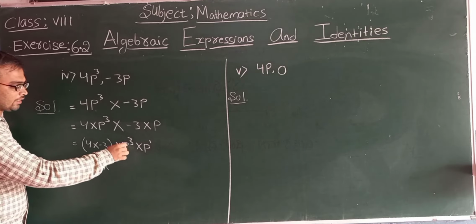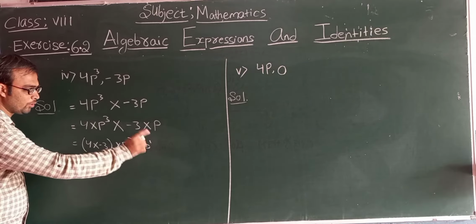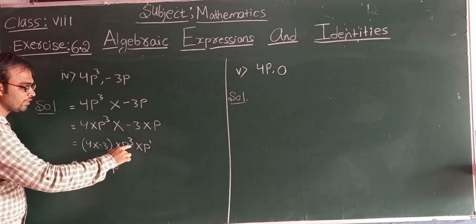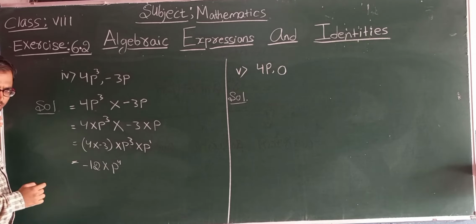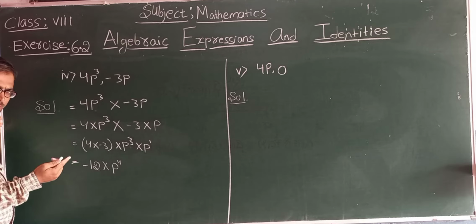So P cube into P, P to the power 3 into P to the power 1 will be P to the power 4. So here 3 plus 1. As I told you, when the variables are getting multiplied, their exponential powers will add up.